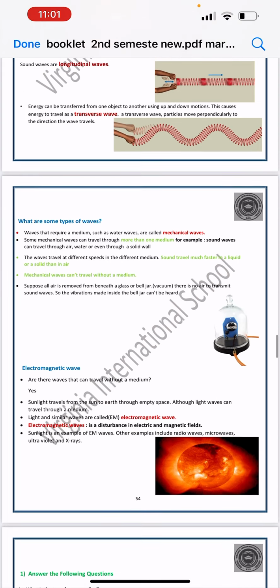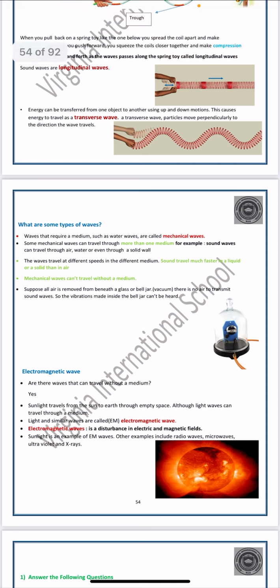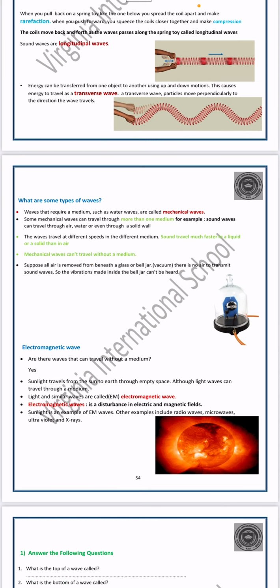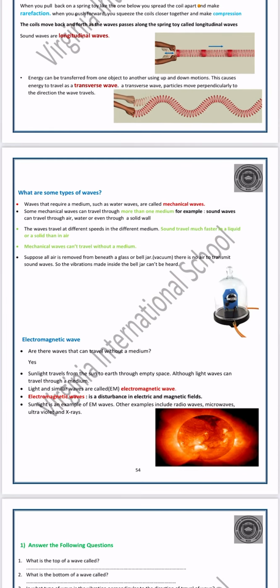And if we were talking about the electromagnetic waves, these are the waves that don't require a medium to travel through, just like the waves that come from the sun, the sunlight that comes from the empty space, and also the radio waves, the microwaves, the ultraviolet rays, and the X-rays. So these are the examples of the electromagnetic waves and the mechanical waves, and this is a small intro about the first lesson, which is waves.